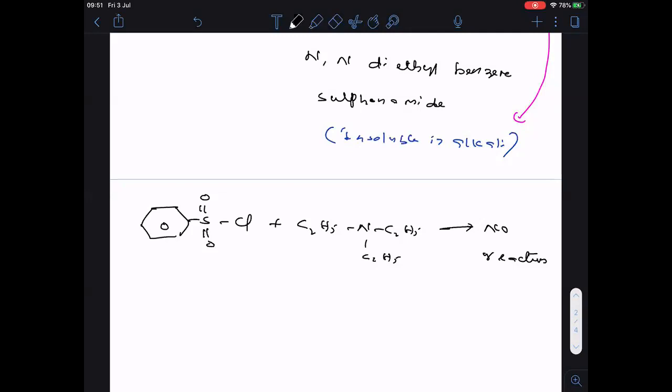Hope you are able to understand this. Primary, secondary and tertiary amines are distinguished by Hinsberg reagent.